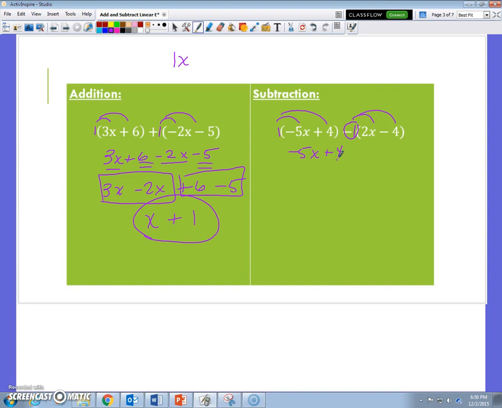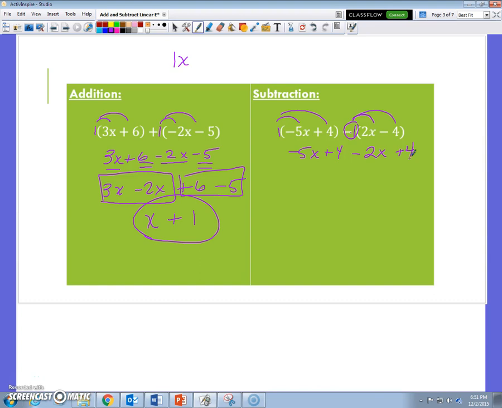However, in the second parentheses, everything changes. The 2x becomes a negative times a positive, which becomes a negative 2x. And this negative 1 times a negative 4 becomes a positive 4. Okay? That's very, very important that you pay close attention to the sign in between the parentheses, in between each linear term. Okay? Very important.